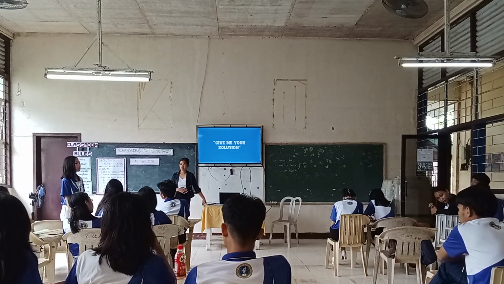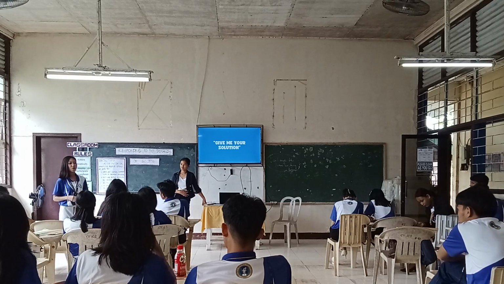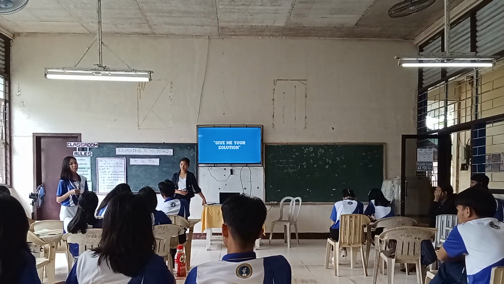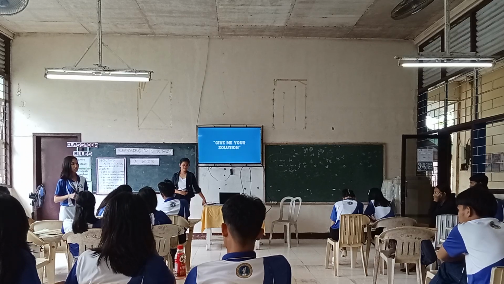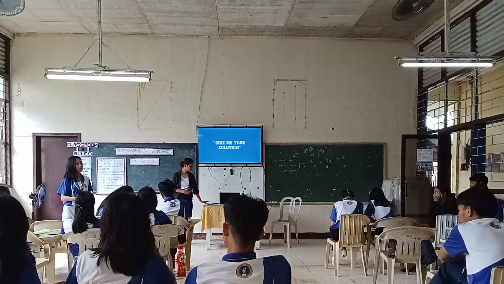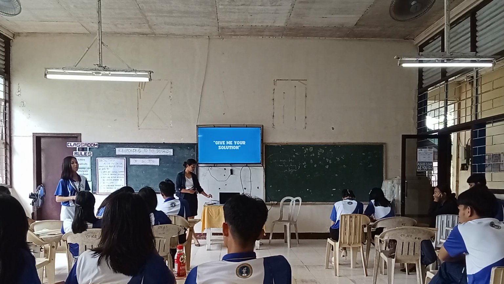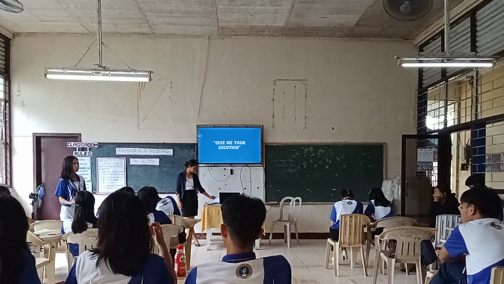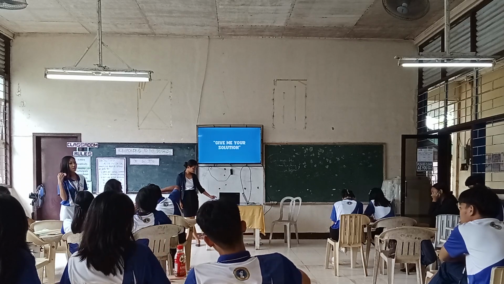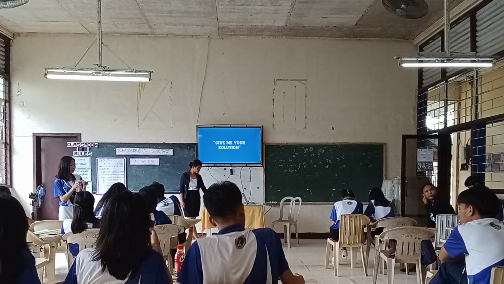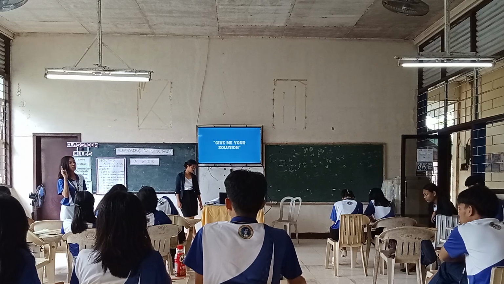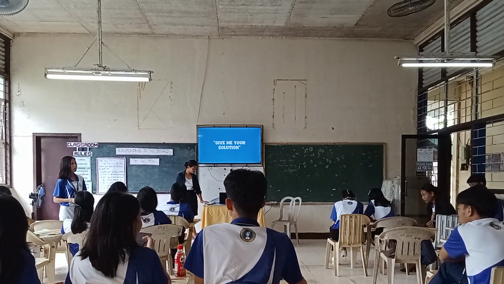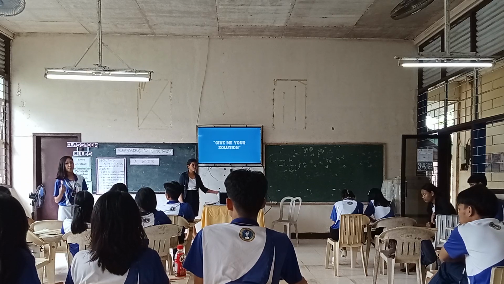Since it is unpredictable, it affects the lives of the people. For example, what if farmers suddenly get rain when they should be planting? It affects the economy and of course the production and distribution of goods. So what are the common causes of climate change? There are two factors: the natural and the man-made.